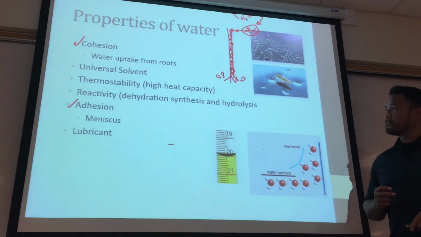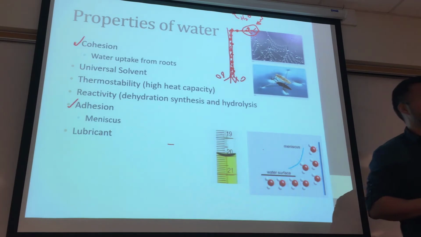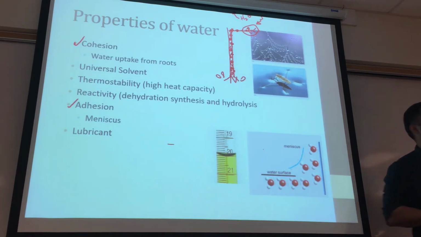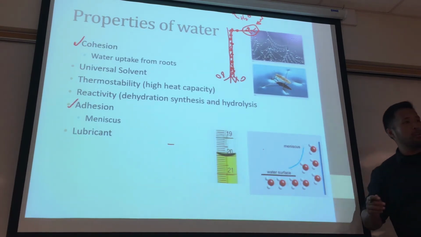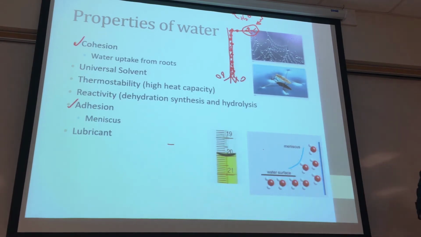Other things about water. It is a universal solvent, meaning you take anything like salt, sugar, or glucose, you put it in water, and over time it will dissolve. It works really well for that.